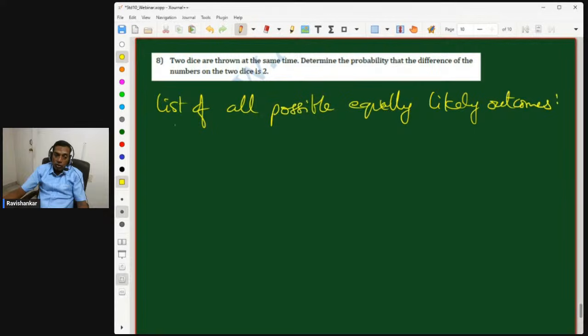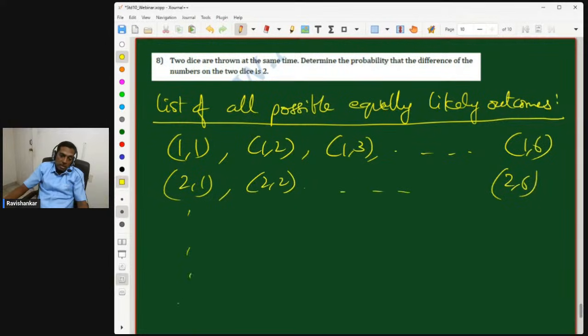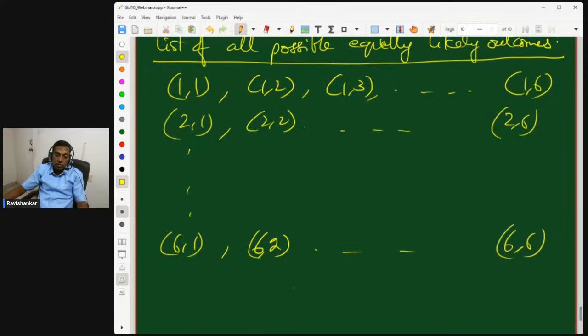The list is to list all the pairs like this: 1, 1, 1, 2 till 1, 6, 2, 1, 2, 2 till 2, 6, like that, 6, 1, 6, 6. 36 possible outcomes.